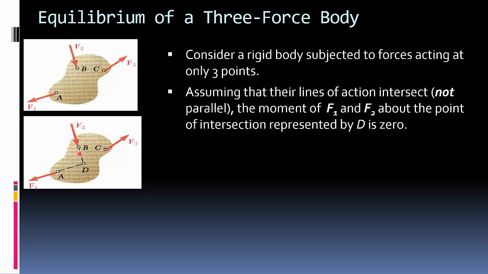We're going to assume that F1 and F2 pass through a single point. Okay, so if we take the sum of the moments here at D, then the moment from F1 must be 0 and the moment of F2 must be 0.